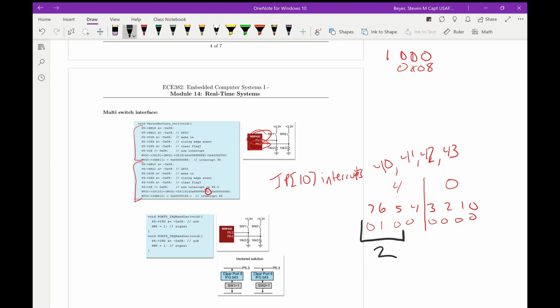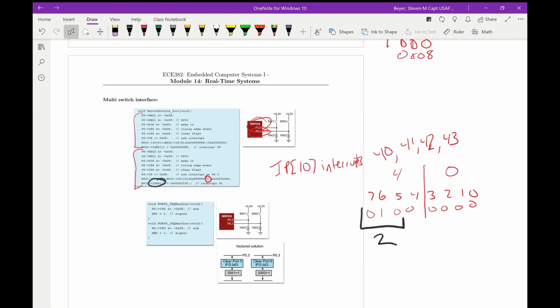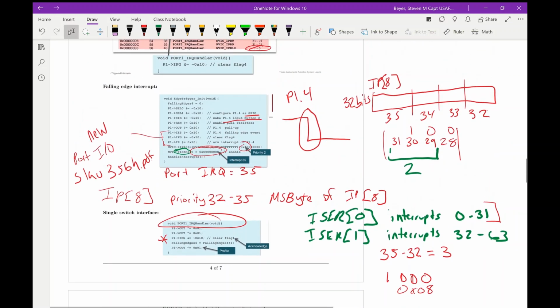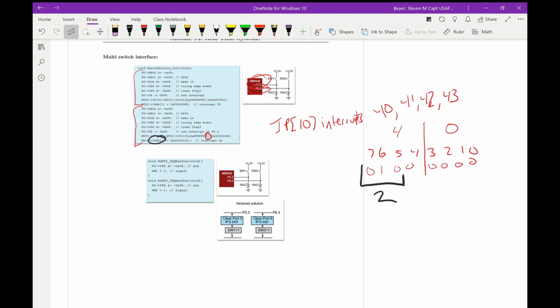All right. And then we go to ISER1, which is interrupts 63 down to 32. So I take 40, because we're at interrupt 40, minus 32, equals 8.